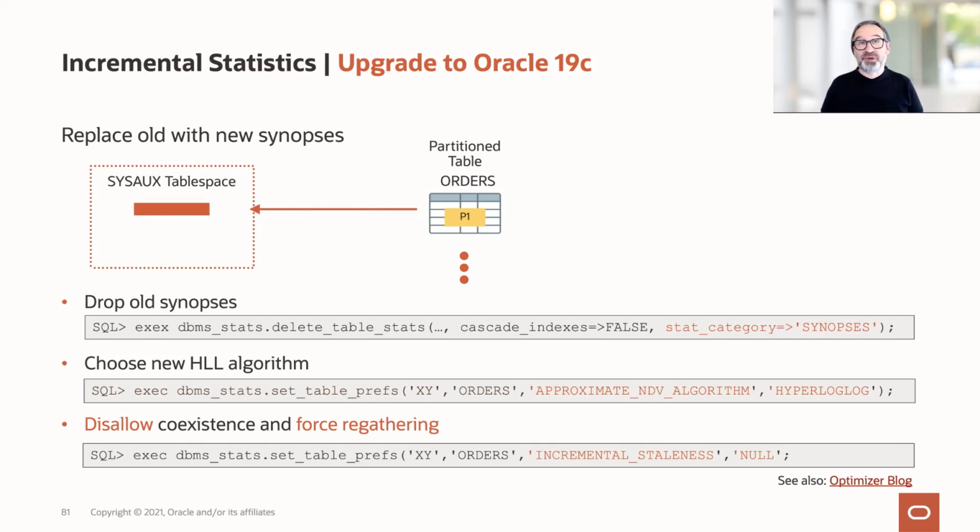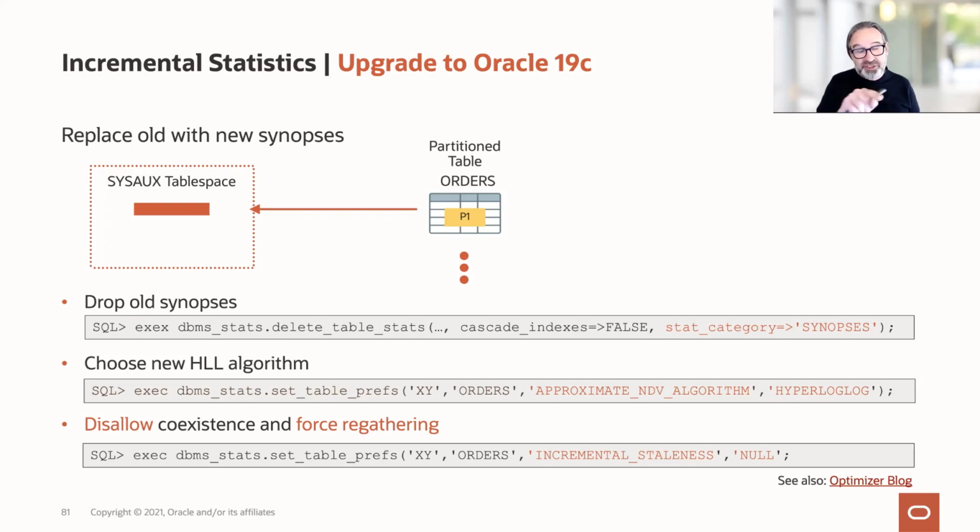This, of course, is costly, not in terms of license cost. This is an Enterprise Edition feature, but in terms of performance and also effort, because if you have like 60,000 partitions, it may take a little bit. But trust us, it's worth the effort. Really it is.